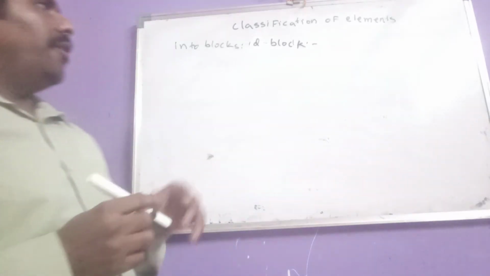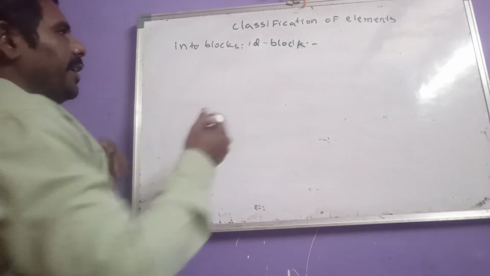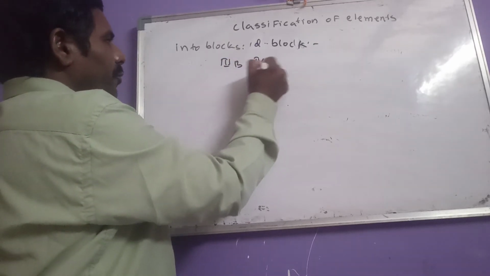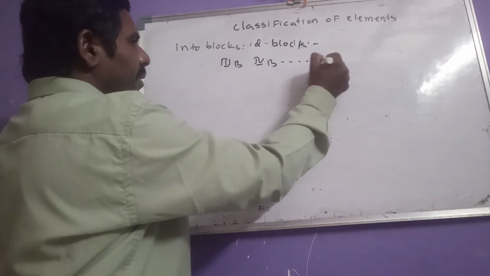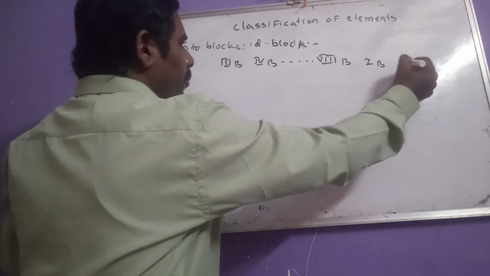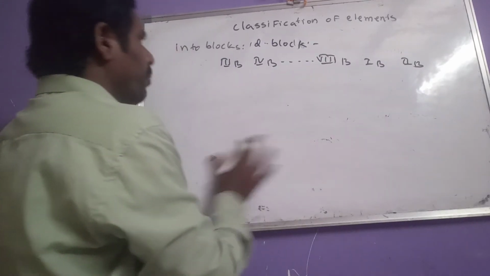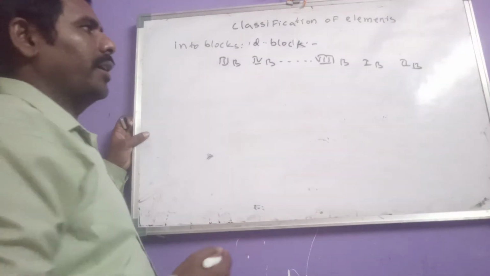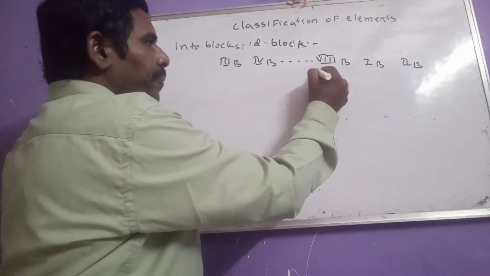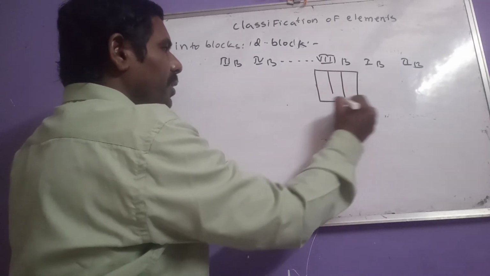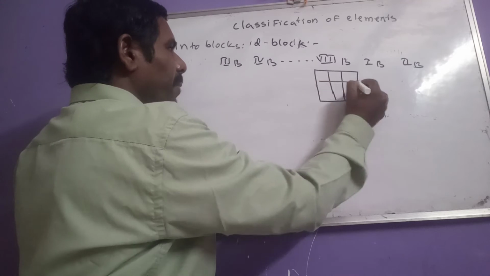Now what are the groups present in d block elements? Let us see here. Third B, fourth B, like this up to eighth B group, first B group, and second B group. So these are the different groups present in d block. And eighth B is again subdivided into three subgroups. What are the elements present in that?